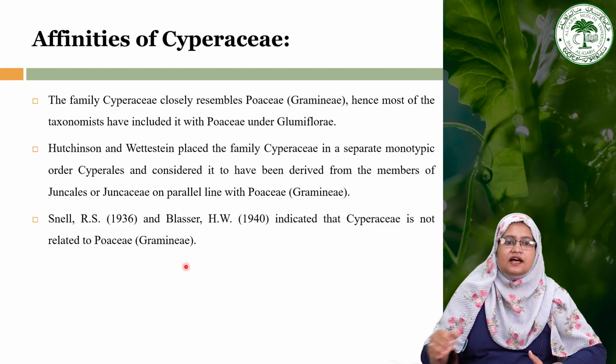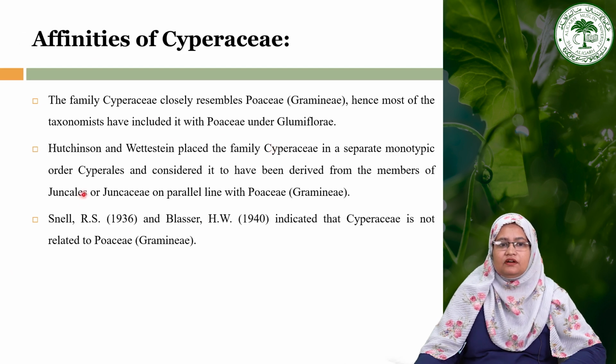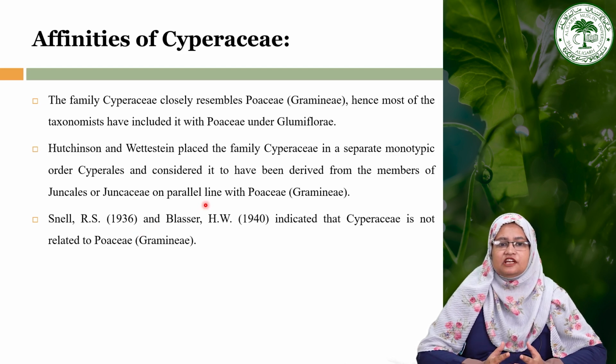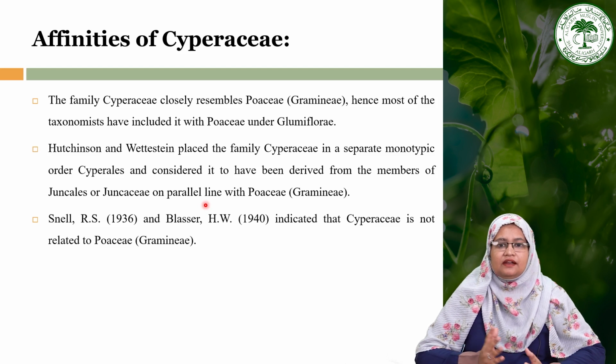Due to this, Hutchinson and Wettstein placed the family Cyperaceae in a separate monotypic order called Cyperales and considered it to have been derived from the members of Juncales or Juncaceae on a parallel line with the Poaceae. So it is proposed by Hutchinson and Wettstein that Poaceae and Cyperaceae evolved parallelly from the Juncaceae or Juncales.